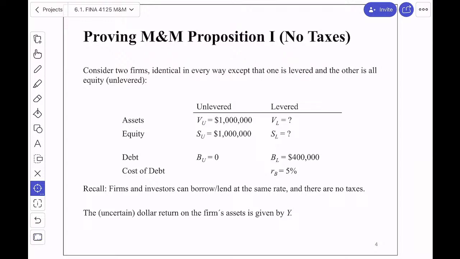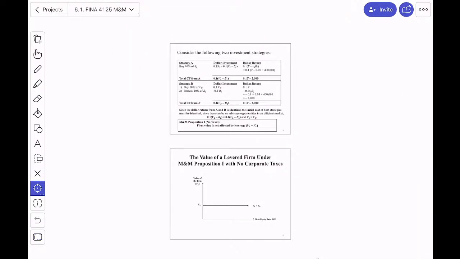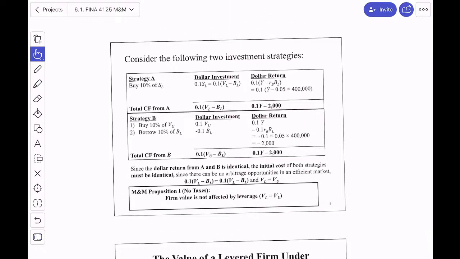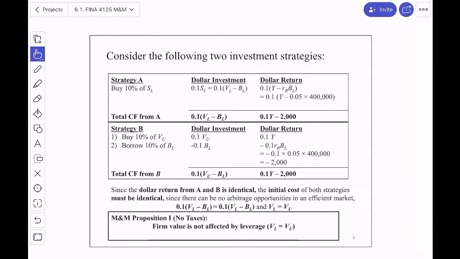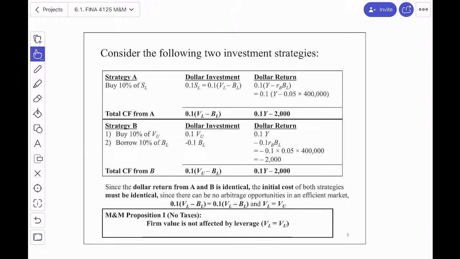All right, so next, I make a table. And what I'm going to argue here is that in the end, the firm values are the same. This is how I'm going to show that.